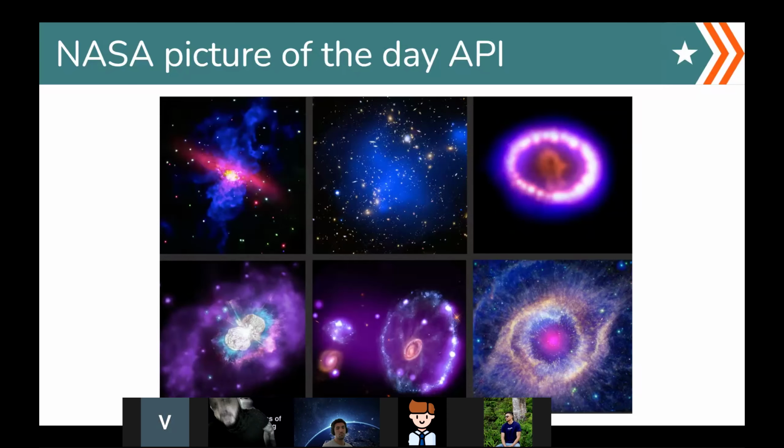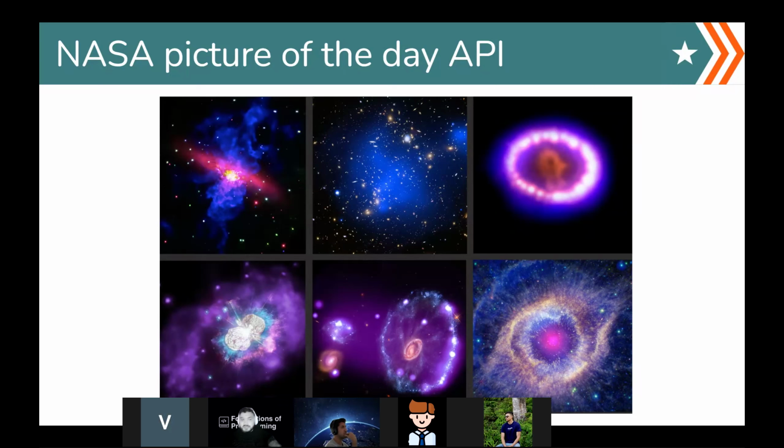So NASA picture of the day is going to be the last assignment that we're going to be using that handles an API. Up to this point, we talked about different APIs, how to talk to them, whether it's fetch using the old method with the .then or using async with await fetch.